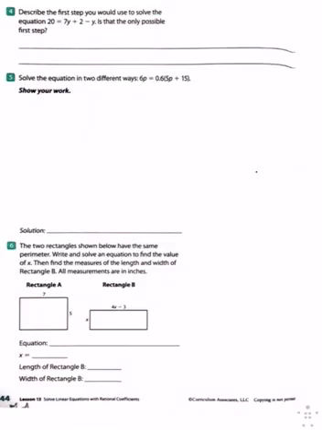Problem number 4. Describe the first step you would use to solve the equation 20 equals 7y plus 2 minus y. Is that the only possible first step? My first step would be to combine my like terms 7y and minus y. Since we are not crossing the equal sign, we don't have to change anything, so it's just 7y minus 1y. 7 minus 1 gets us 6, and my answer would be 20 equals 6y plus 2.